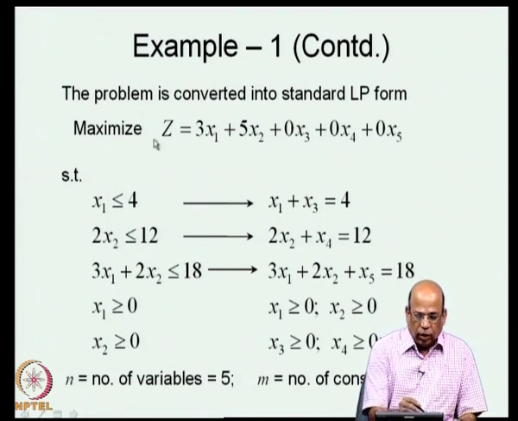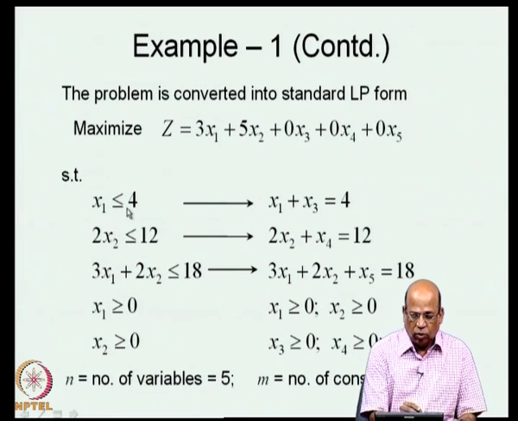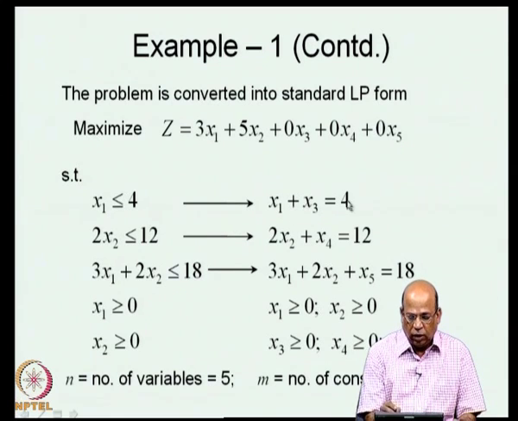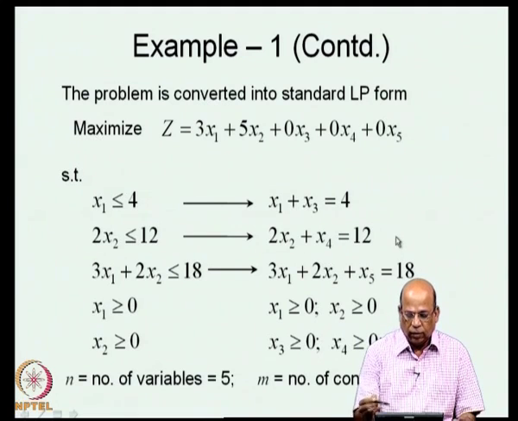So, we write the objective function, which was z is equal to 3 x 1 plus 5 x 2. We write maximize z is equal to 3 x 1 plus 5 x 2, and convert the constraints into equality form. So, x 1 less than or equal to 4, I write as x 1 plus x 3 equal to 4 with x 3 as the slack variable. 2 x 2 less than or equal to 12, I write as 2 x 2 plus x 4 equal to 12 with x 4 as a slack variable. 3 x 1 plus 2 x 2 less than or equal to 18, I write as 3 x 1 plus 2 x 2 plus x 5 is equal to 18 with x 5 as a slack variable.